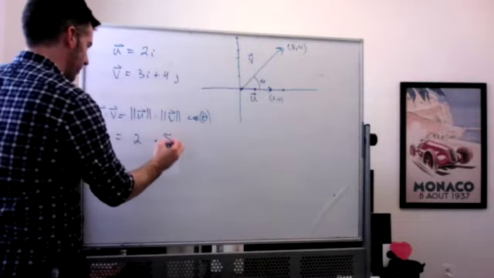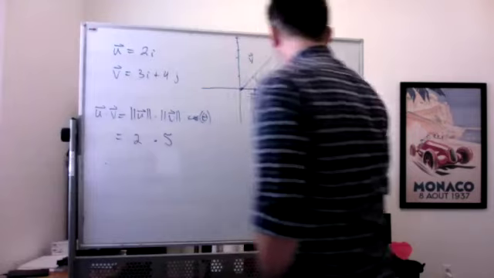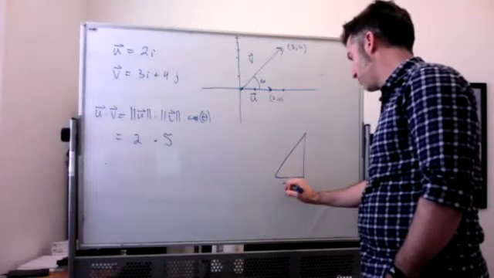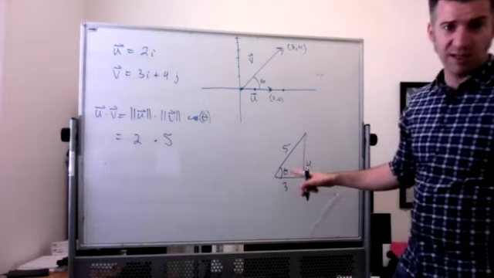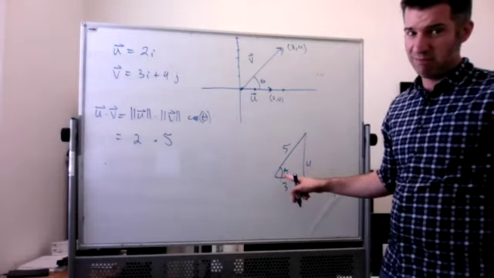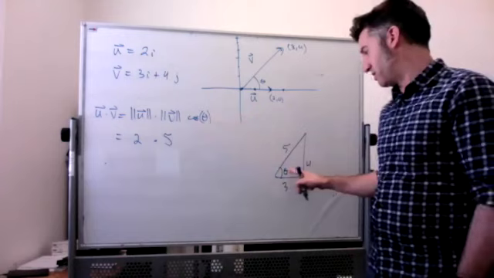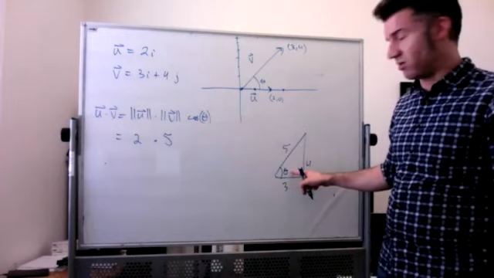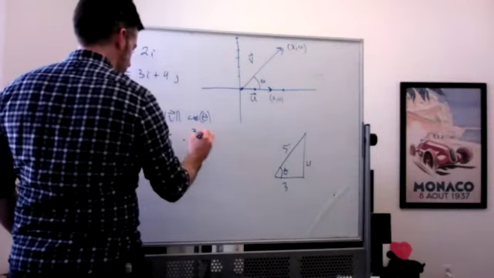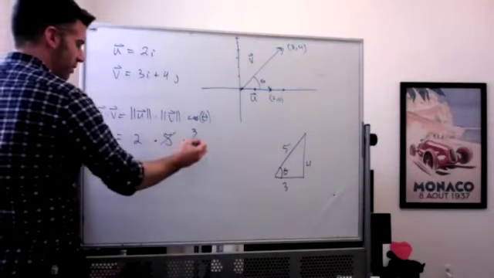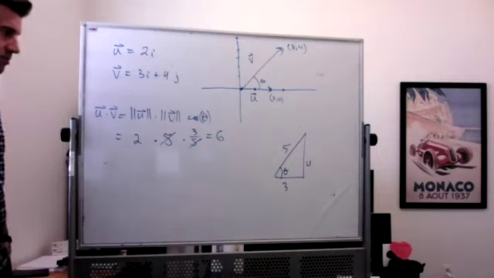So the magnitude of v is 5. Although we could find this angle as the inverse tangent of 4/3, I'm just trying to find cosine of this angle. Well, that's easy enough. Cosine of this angle is 3/5. So I end up with 6.